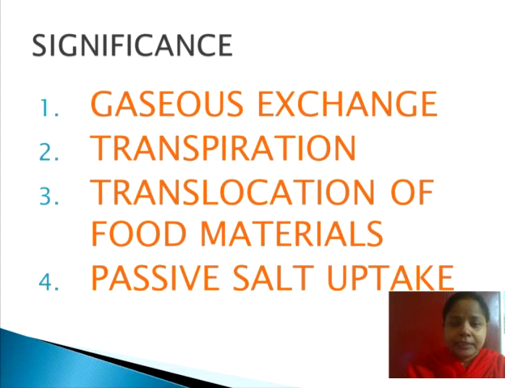So, the diffusion process is helping out in the metabolism of plants, like gaseous exchange, transpiration, translocation of food material, and passive salt uptake. That is all about the diffusion process.